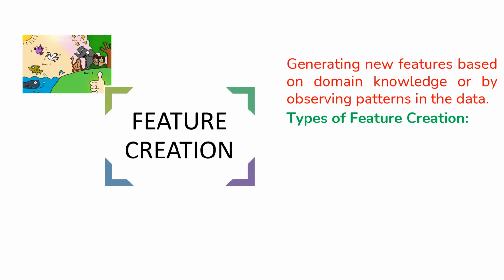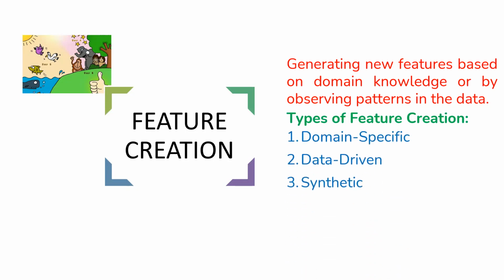We have 3 types of feature creation: domain specific, data driven, and synthetic. Now let's see what is meant by domain specific. Domain specific is generating new features based on domain knowledge, such as creating features based on business rules or industry standards.